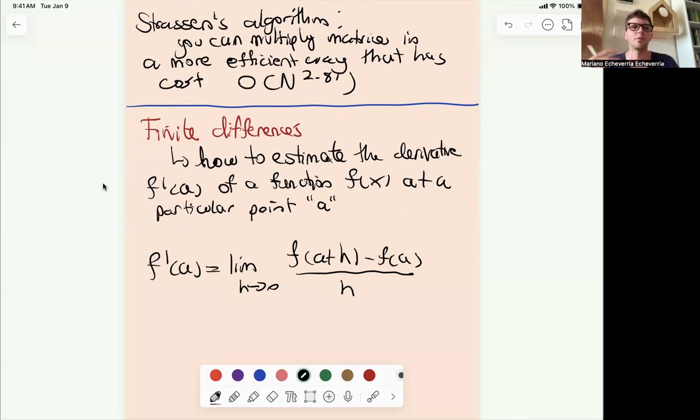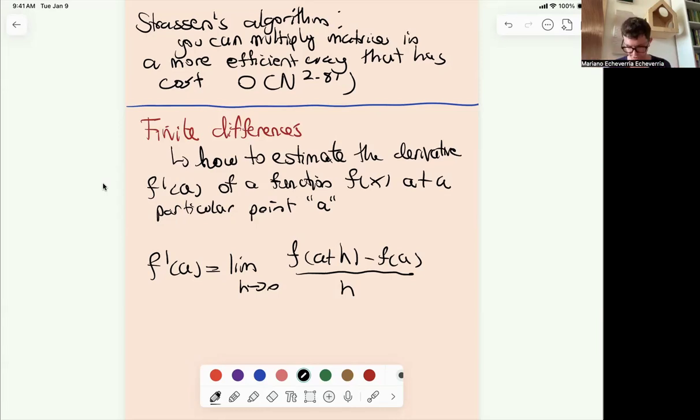Now, one of the things you learn from Calc 2 is Taylor's formula, which is a more explicit way to think about the function.